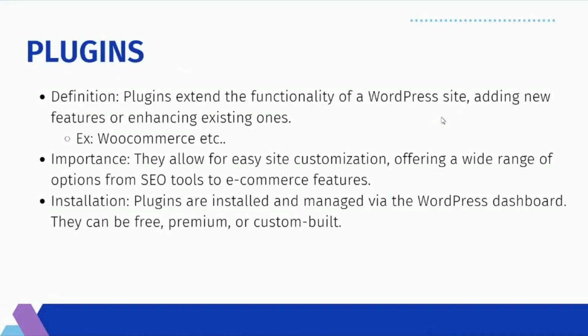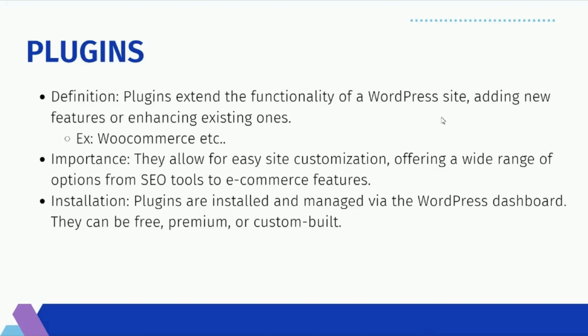I will discuss plugins. So, plugins are very important in WordPress. Definition: plugins extend the functionality of a WordPress site, adding new features or enhancing existing ones. For example, WooCommerce is used for selling products.